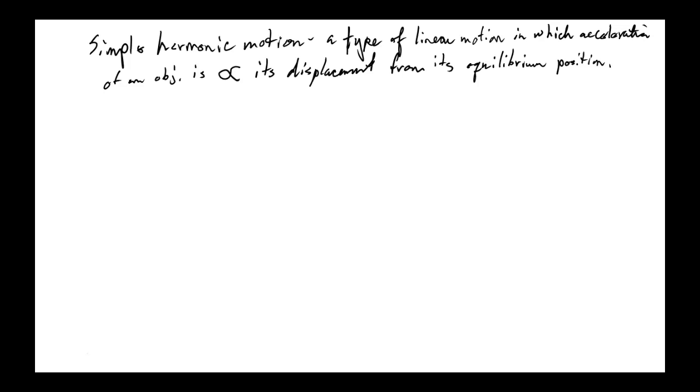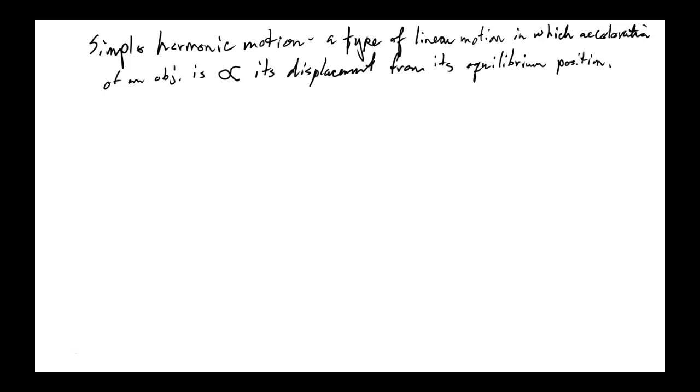Why is that? Because when it's down here, it has the maximum force or acceleration upward. And when it gets to the equilibrium position, the acceleration is zero. But guess what? It's already picked up speed, so now it has to compress the spring to start slowing it down, until it reaches up here, and then it goes up and down, because the acceleration is proportional to how far it is from the equilibrium position.